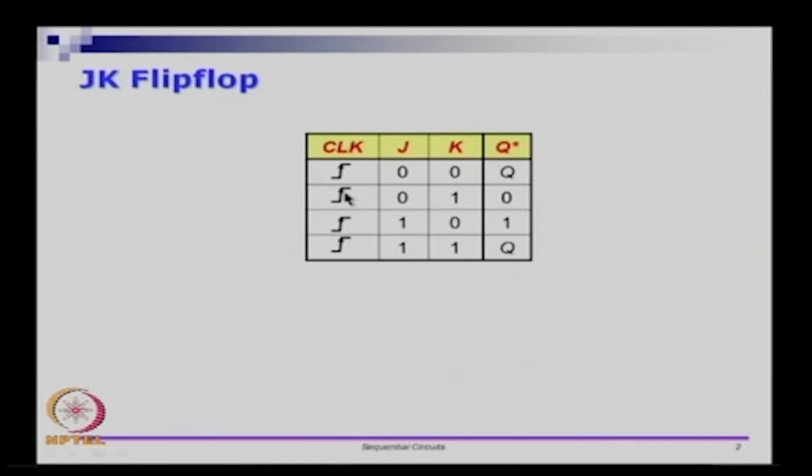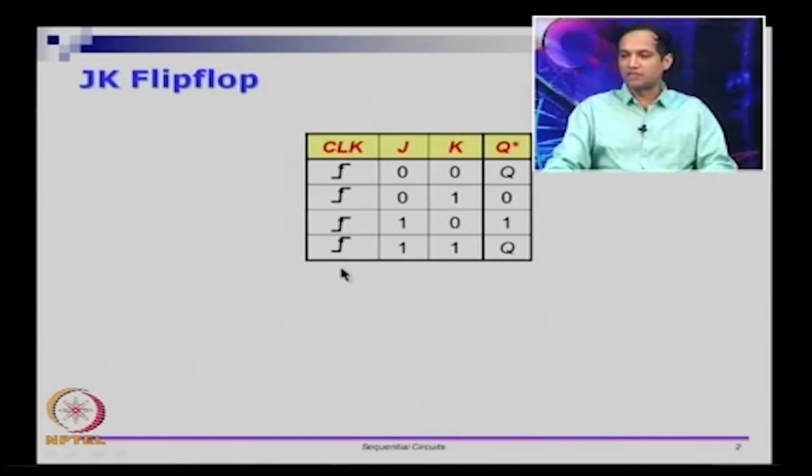As with any flip flop, you have either a positive edge triggered or a negative edge triggered flip flop. Let us assume a positive edge triggered flip flop, and the characteristic table is as follows. If both J and K are 0, then the output Q*, the next state of the flip flop, is the same as the current state.